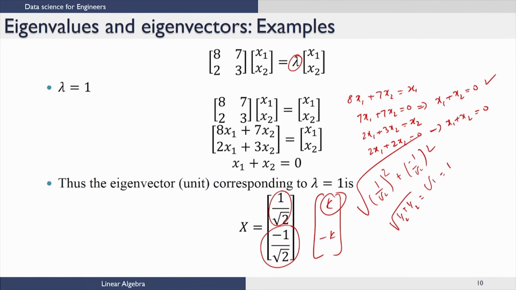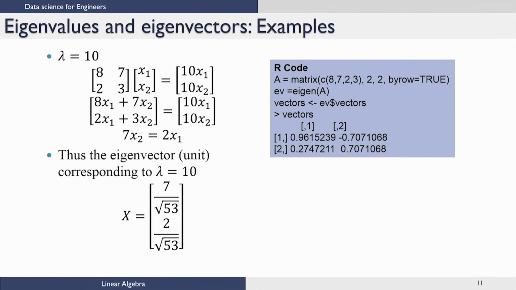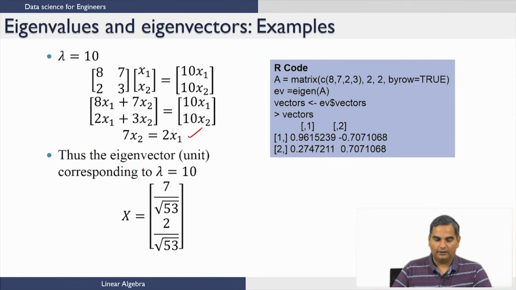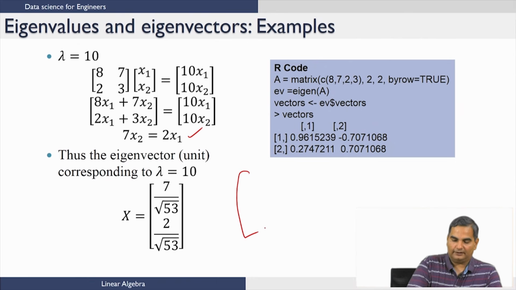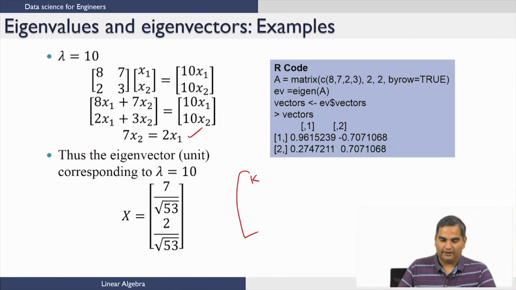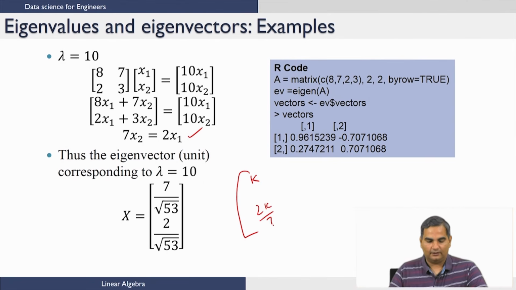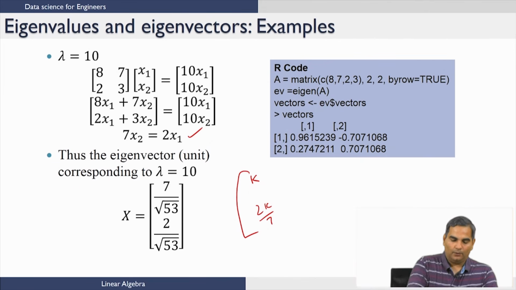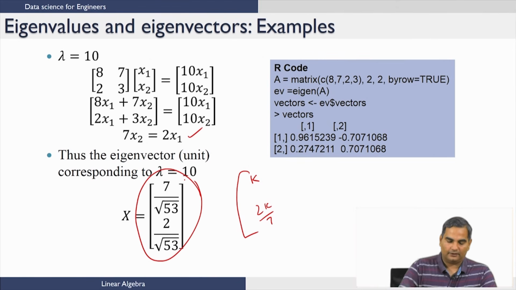We could do the same thing for lambda equal 10 by much the same procedure. You will notice that you get this equation here, 7x2 equals 2x1. So any vector such that if x1 is k, x2 is 2k by 7 would satisfy this equation. However, what we do is choose this k in such a way that the magnitude of the eigenvector is 1.